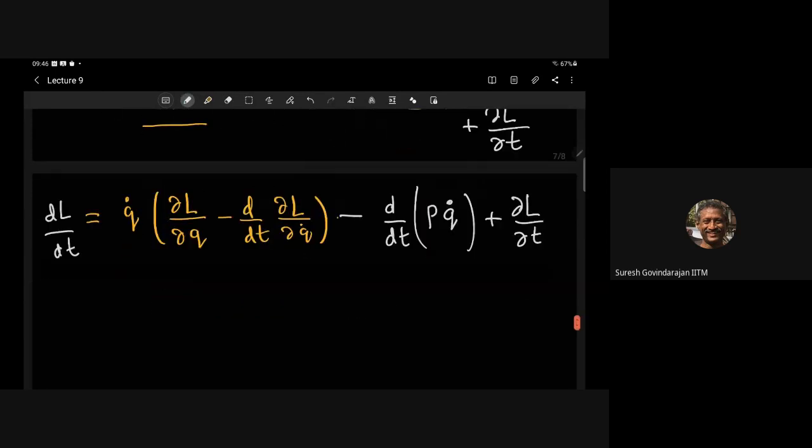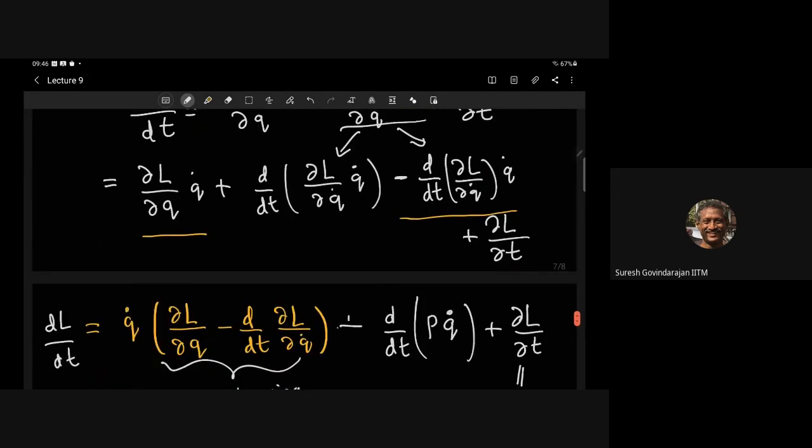Okay, so this is just this thing. So now what can we say about this term? That is zero using the equation of motion, the Euler-Lagrange equation of motion, right? And this is zero. Why is this zero? Time independent. Exactly. Okay, so this is dL by dt equal to, this sign is wrong, this is plus.